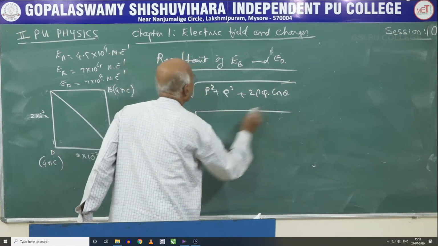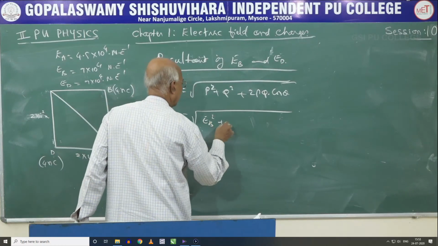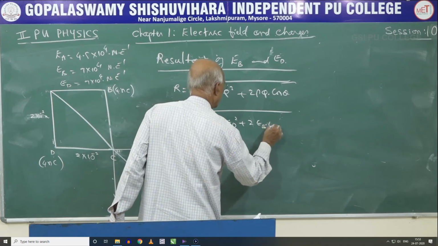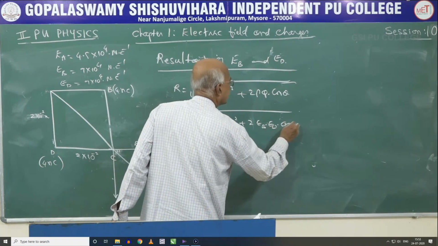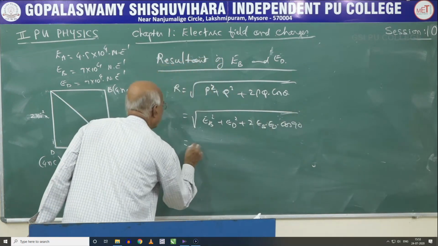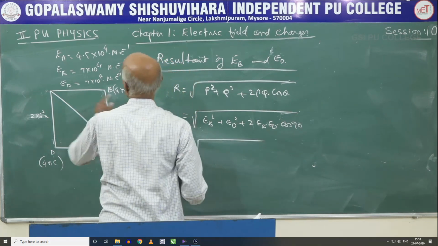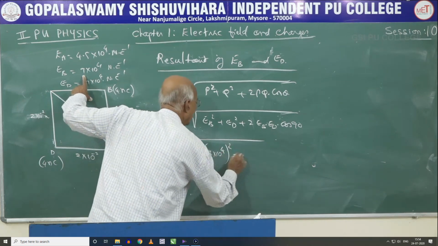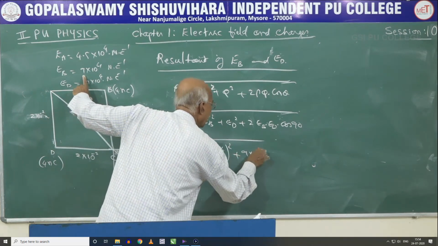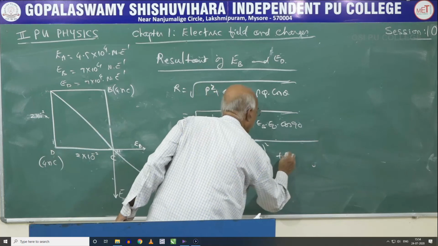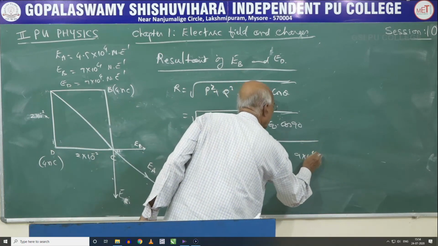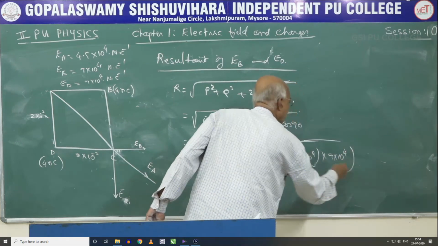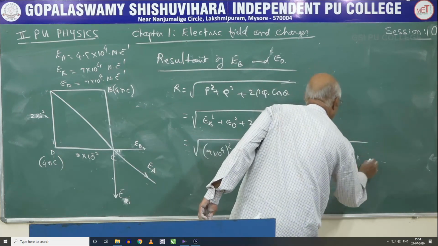Therefore this should be equal to EB square plus ED square plus 2 EB into ED into cos 90 degree here. So this is equal to 9 into 10 to the power of 4, the whole square, plus 9 into 10 to the power of 4, the whole square, plus 2 into 9 into 10 to the power of 4 into 9 into 10 to the power of 4 into cos 90, which is equal to 0.